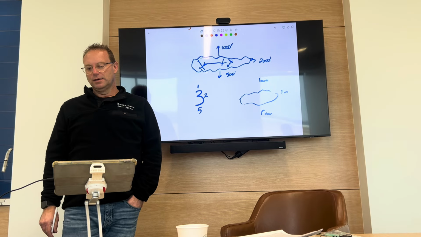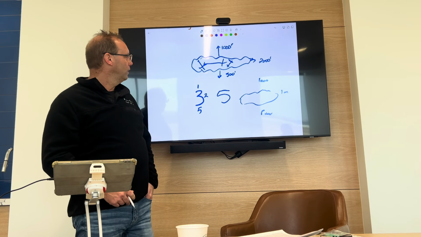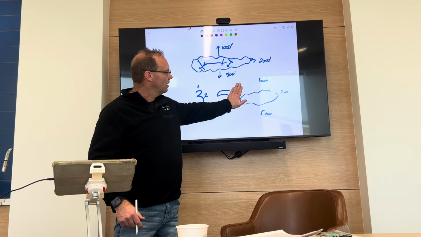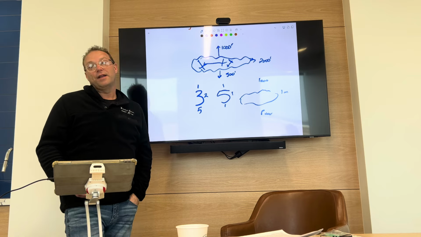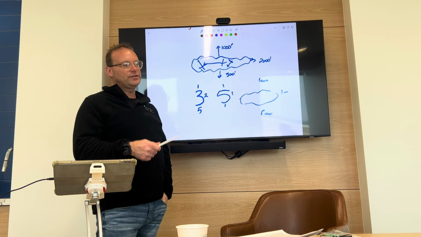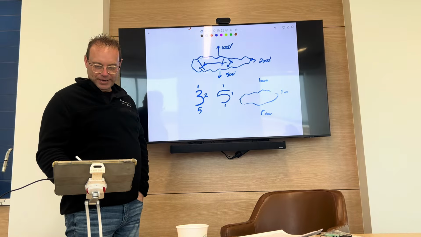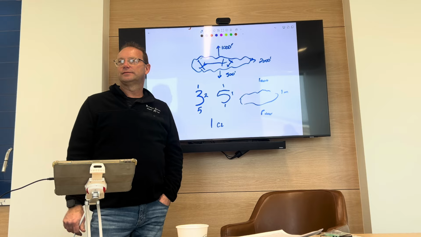Okay? So that's where we come with 5, which might be a cloud, I don't know, but it keeps the technique of 511. Like I said, 3125, 511. And then we get the Class G, which was 1 and clear.